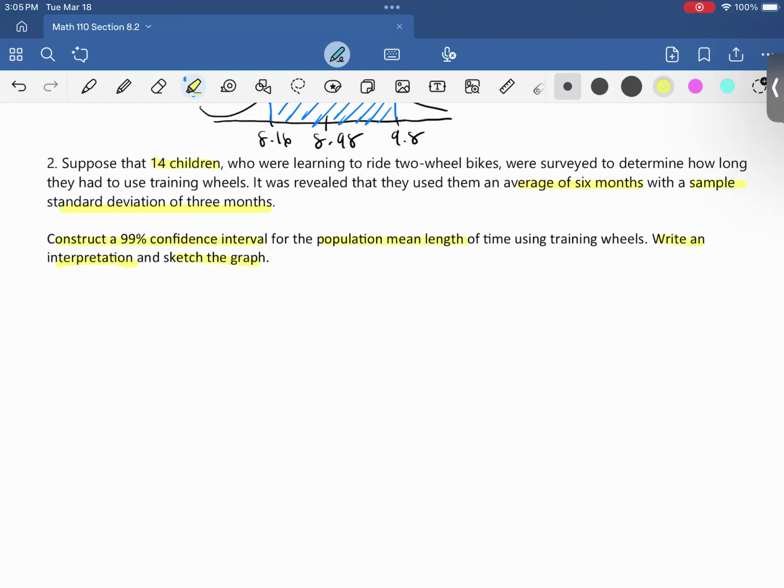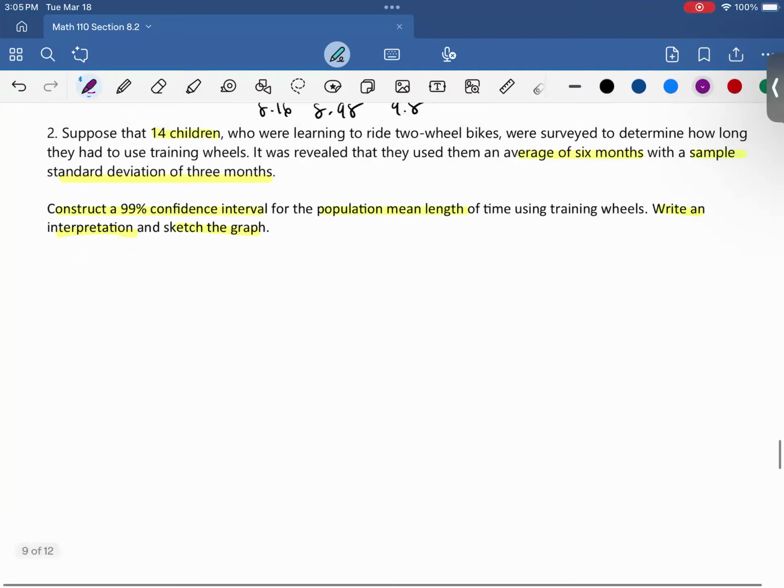Okay, so let's piece through a couple of things we found here. What we have is 14 children, so n equals 14. It says average of 6 months. Remember, average is the same thing as mean, so we have a sample mean of 6 months. And we have a sample standard deviation, written with a little s, of 3 months.